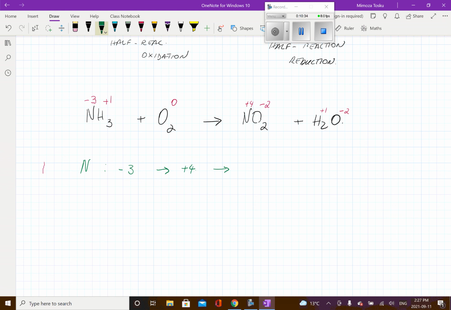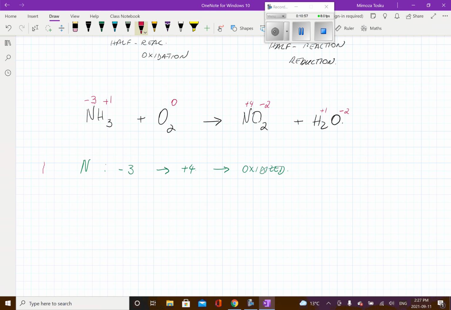Therefore, nitrogen is losing electrons, so it is being oxidized. It's going from -3, which has more electrons than protons, to +4, which has fewer electrons than protons.